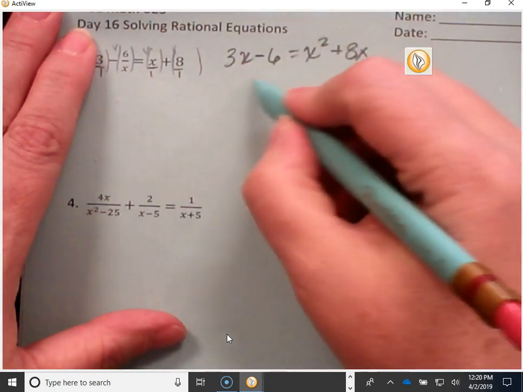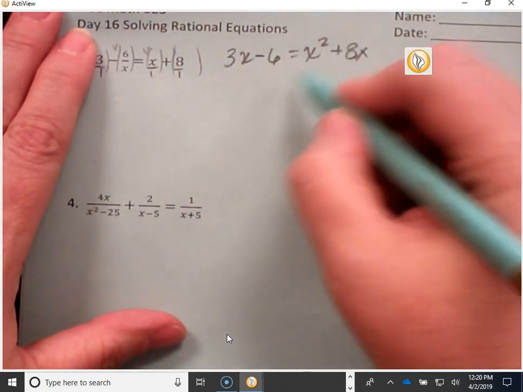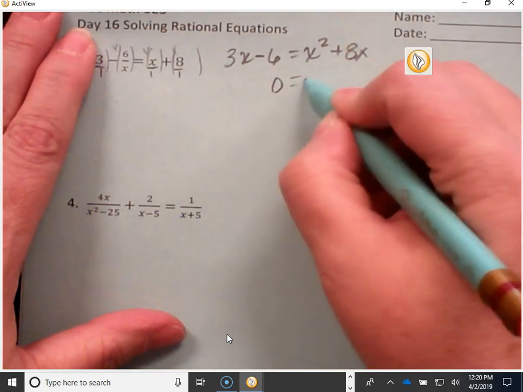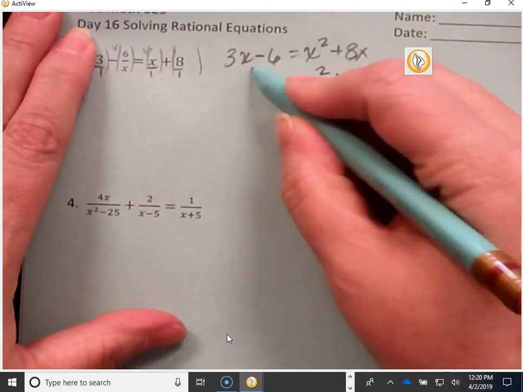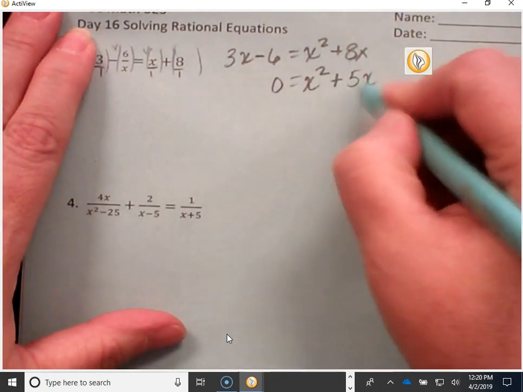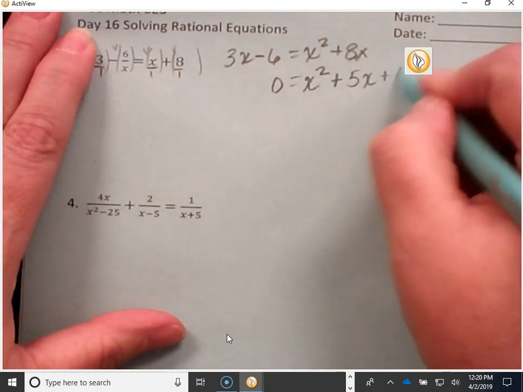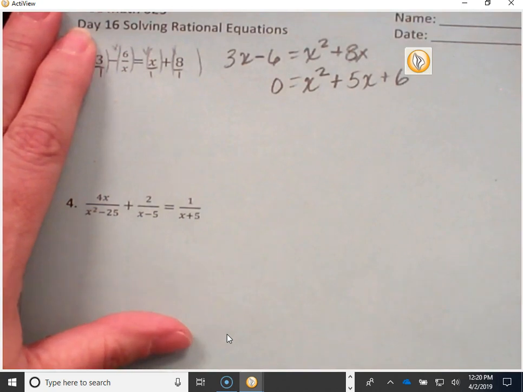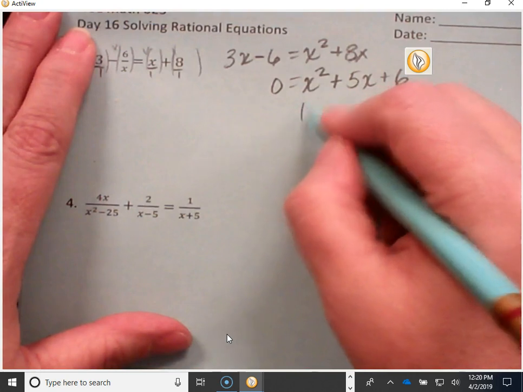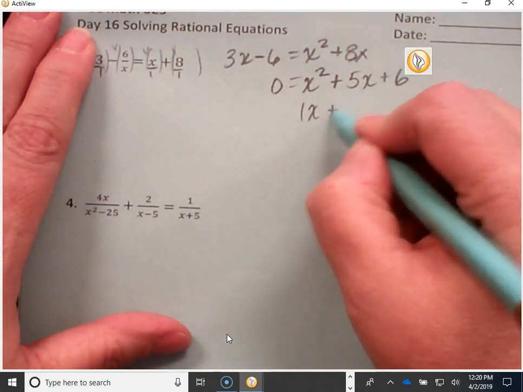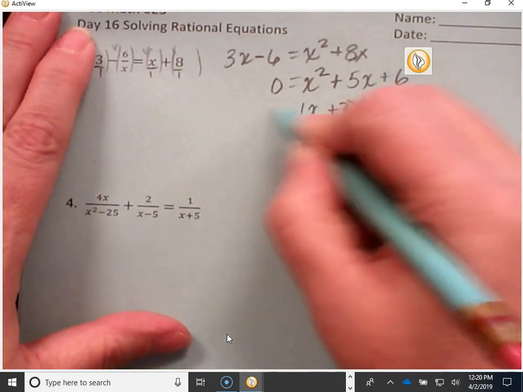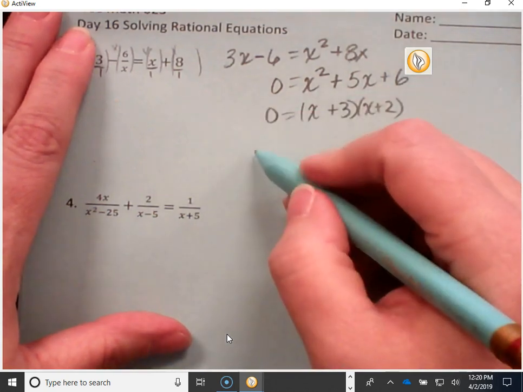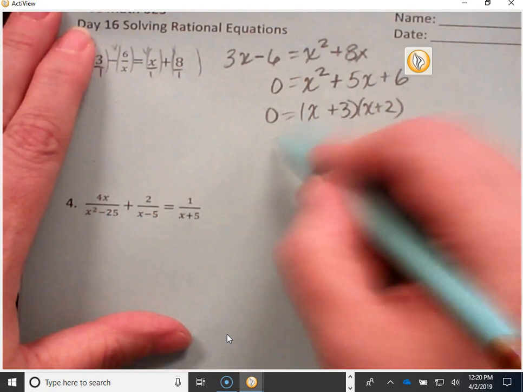So we're going to subtract our 3x and we're going to add our 6, so we've got 0 equals x squared plus 8 minus 3 is 5, and we add the 6. How do we solve that quadratic? That's right, we're going to factor it. So that factors into (x plus 3)(x plus 2), because we needed factors that add up to 5, but multiply to equal 6.